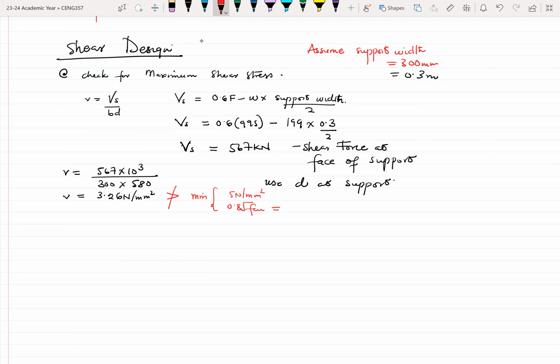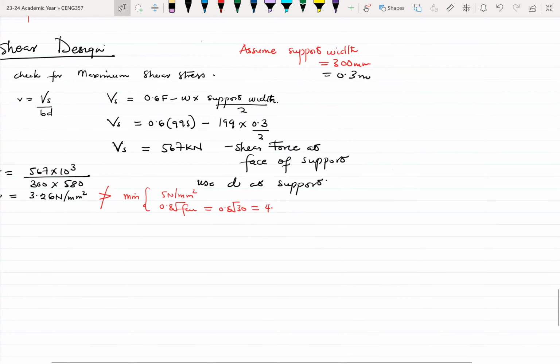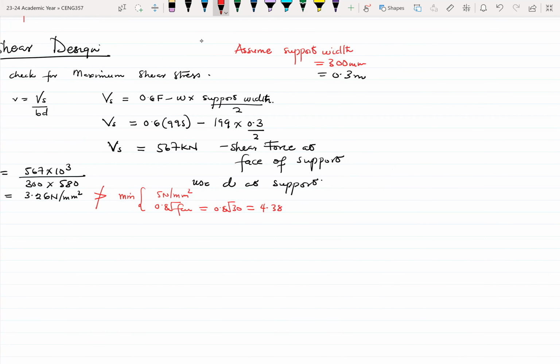Okay, so this will be 0.8 square root of 30, and that'll give us 4.38 newtons per millimeter squared.